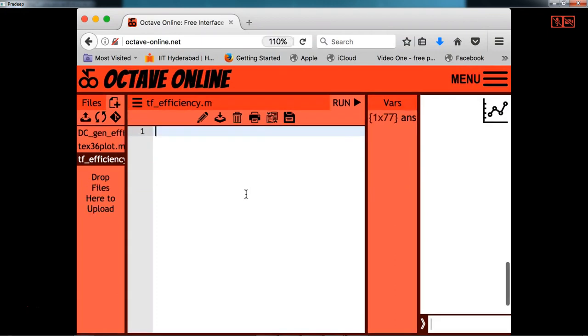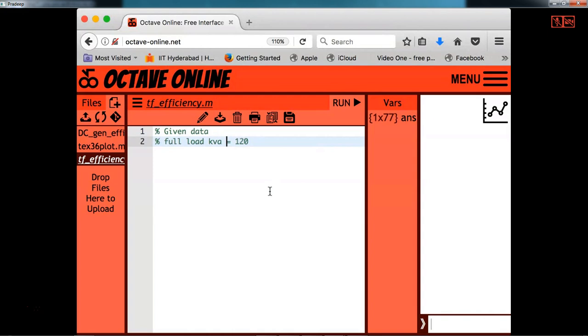Nothing is complicated here. So what is full load kVA? See, full load kVA I already know. I'm just writing the given data. Full load kVA is 120. In fact, I'll just write kVA equal to 120.